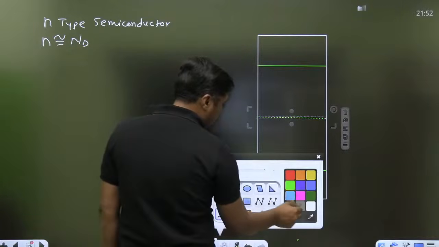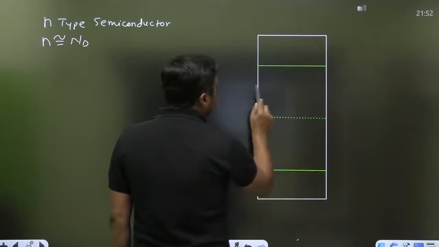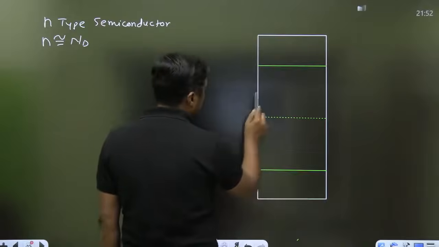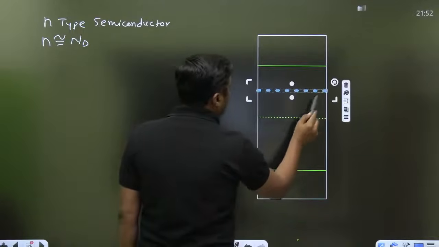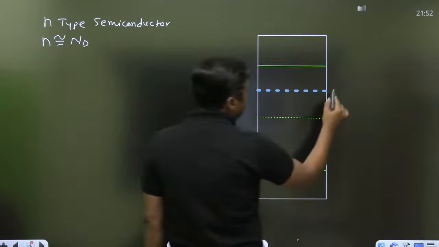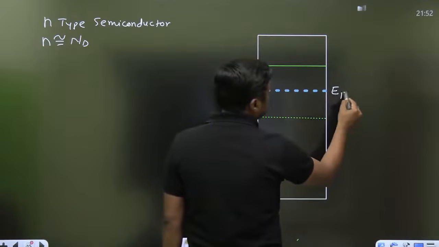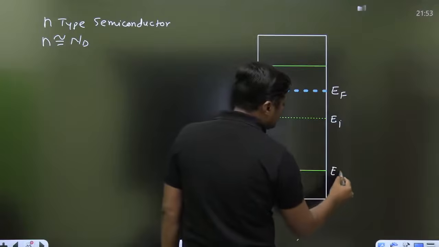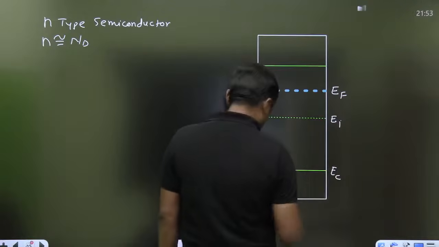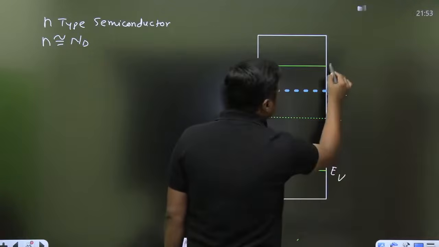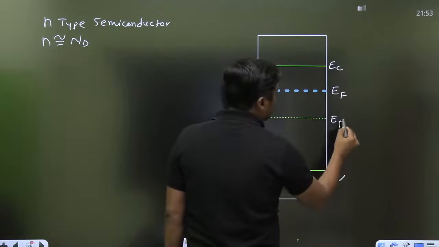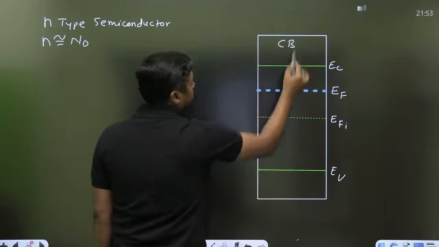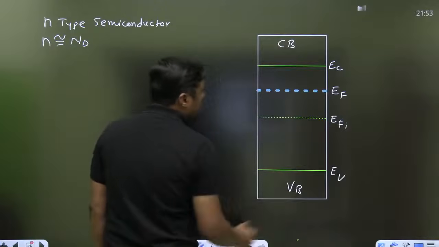That is the Fermi level Ef. Intrinsic Fermi level Efi, conduction band, valence band.